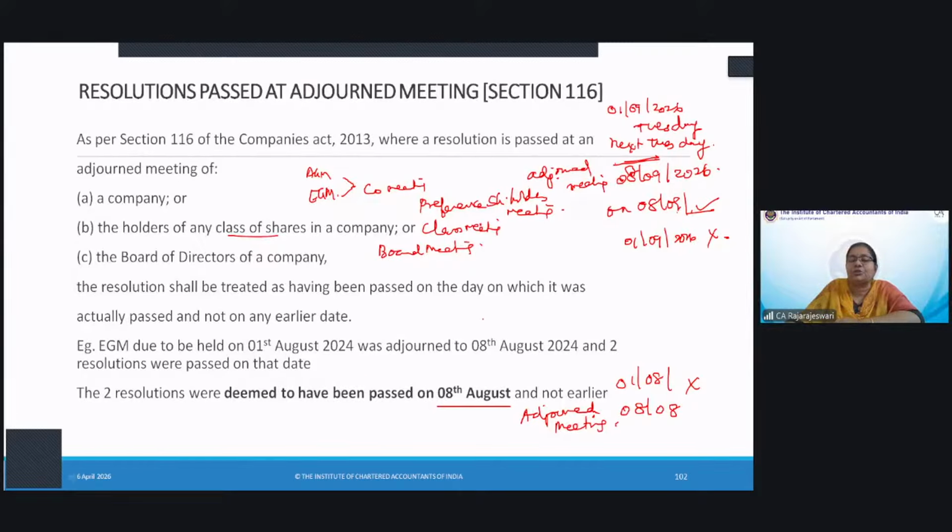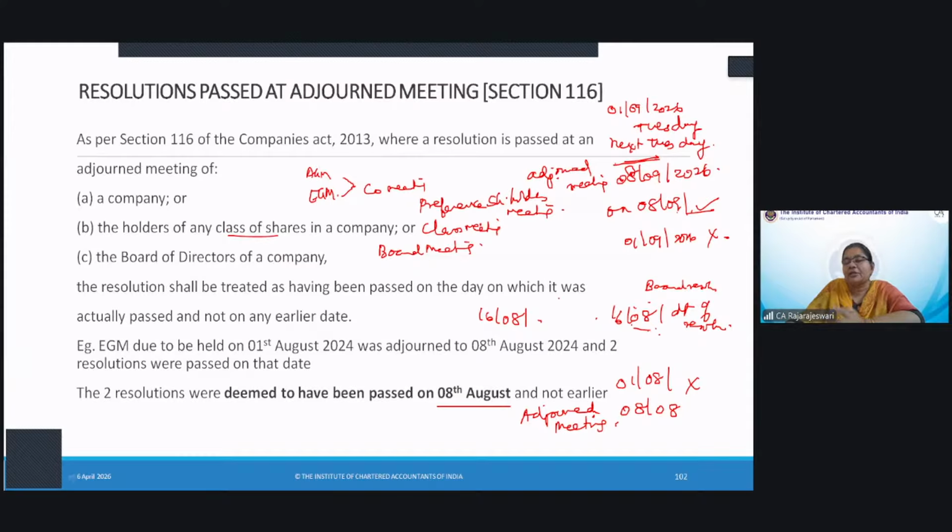Suppose it was adjourned to 16th August and you pass the resolution on 16th August. 16th August is the date of resolution. This is the adjourned meeting date, and that is the date on which the resolution was passed.